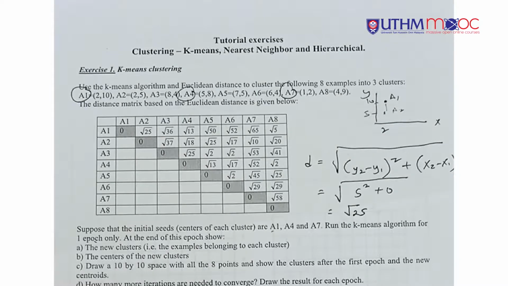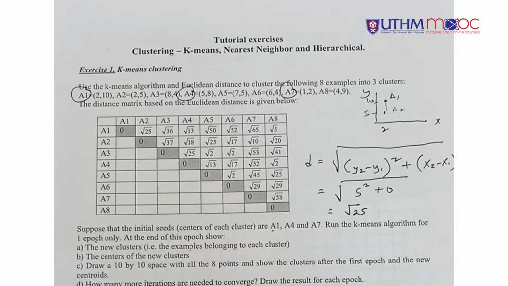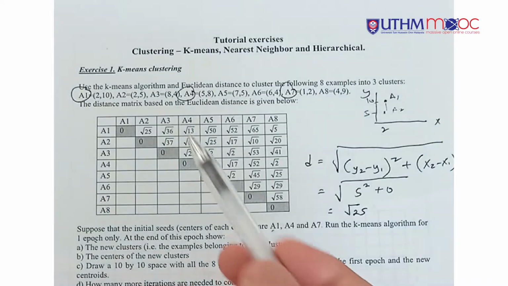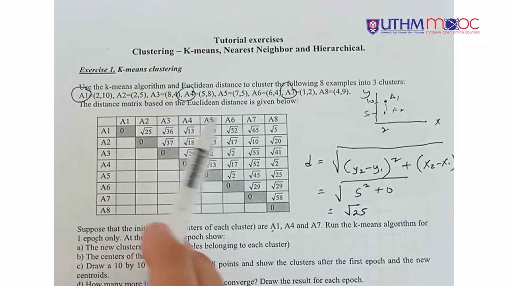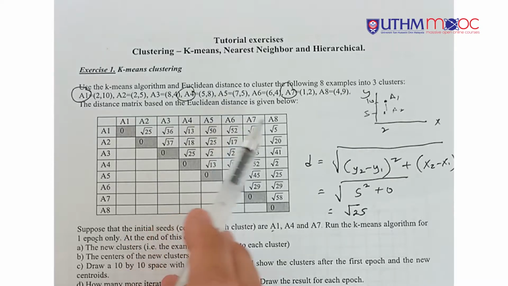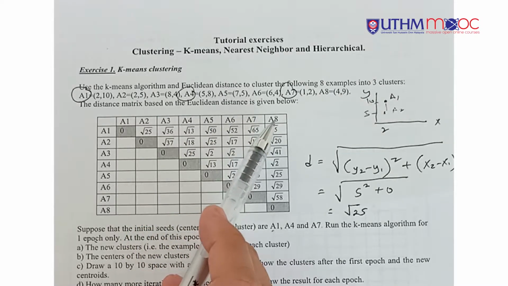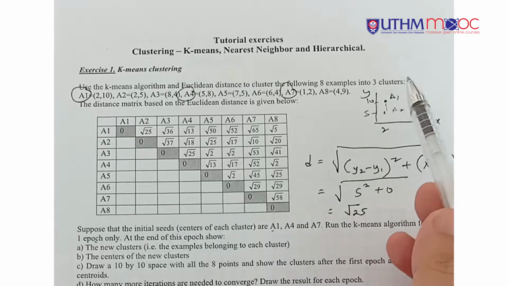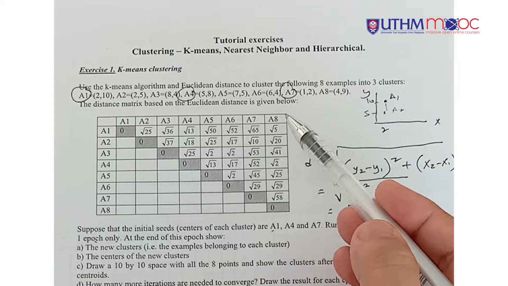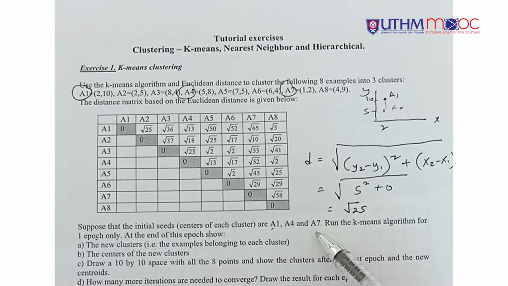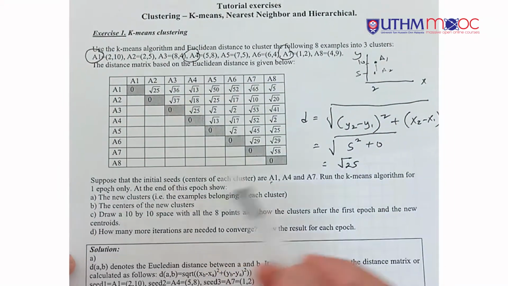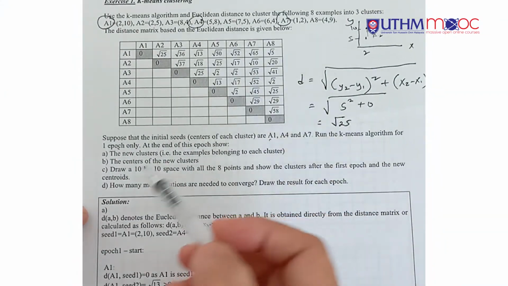Okay, so we want to find out where the other points, A2, A3, A5, A6 and A8, lie in this plane, and whether they will eventually belong to the cluster of seed 1, seed 2 or seed 3. Okay, so in this case there are 3 clusters.